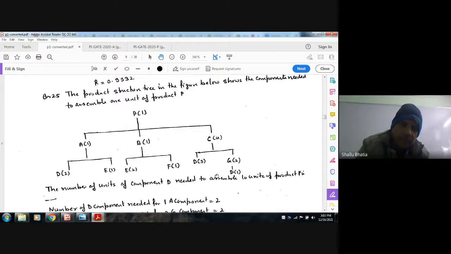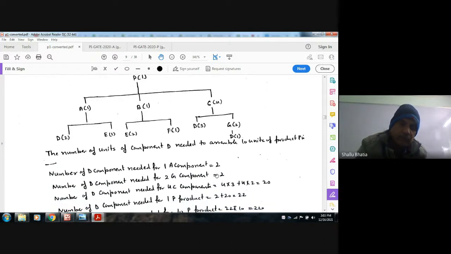Now we have to find the number of units of component D needed to assemble 10 units of the product. Number of D components needed for one A component: we need two. Number of D components needed for G components: this will be two.